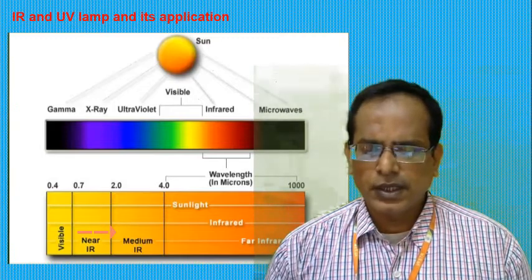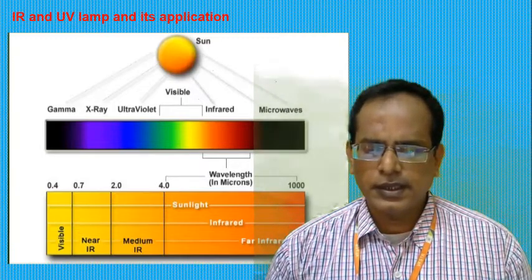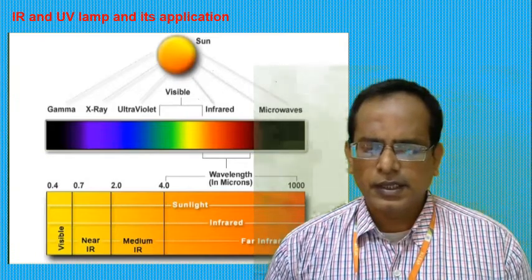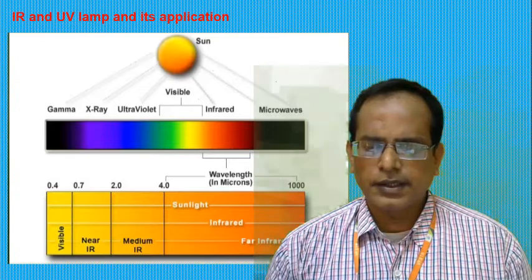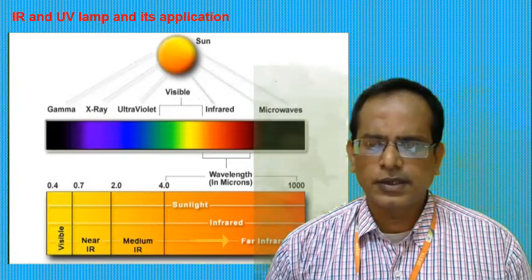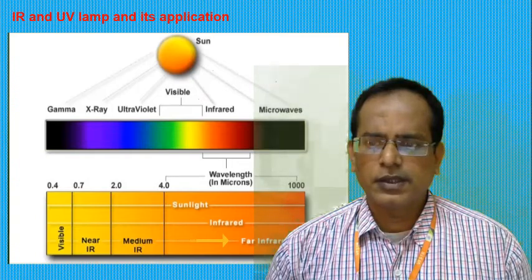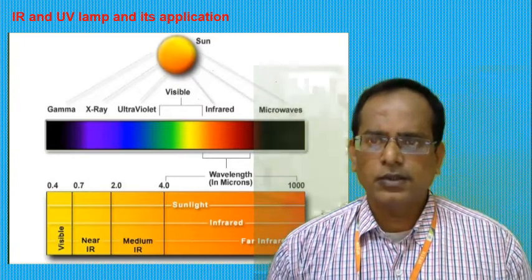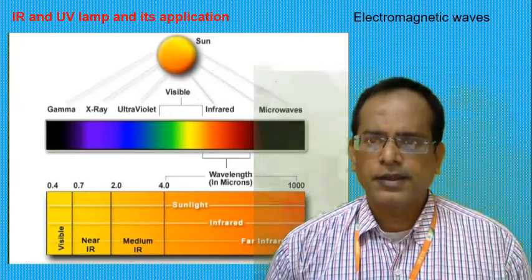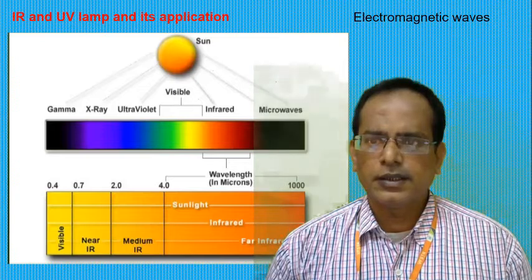So there are two kinds of infrared: one is near infrared, another is far infrared rays. Infrared rays and ultraviolet rays are called electromagnetic waves, which you are going to study now.